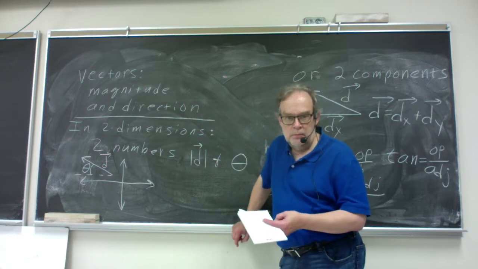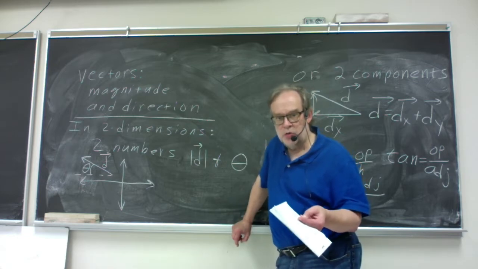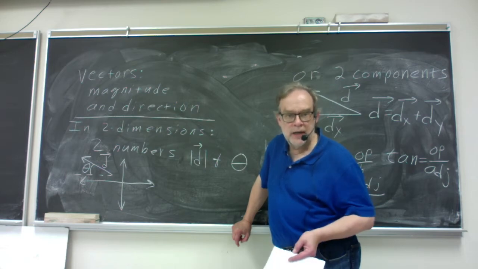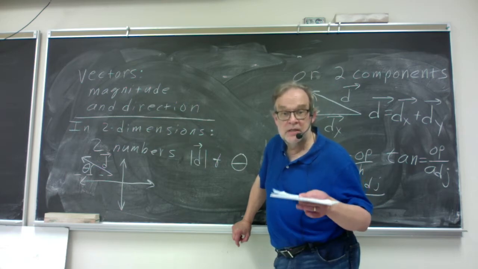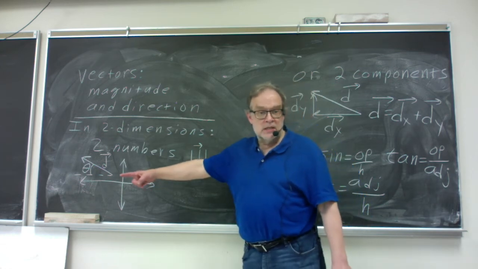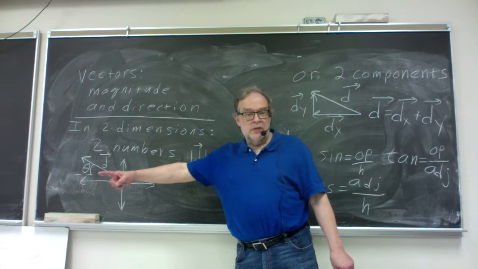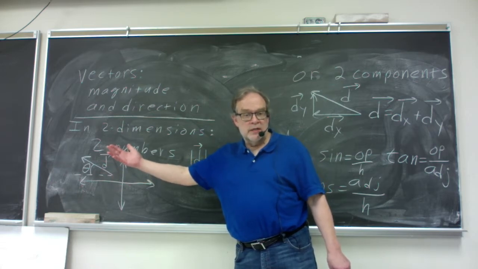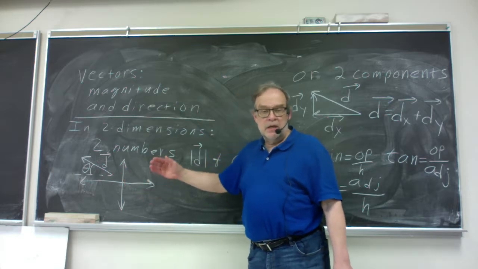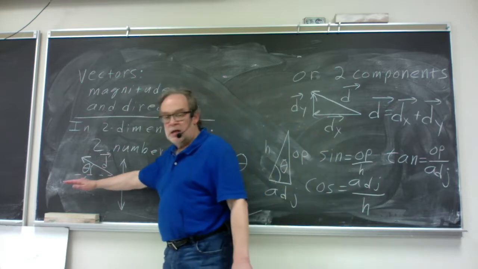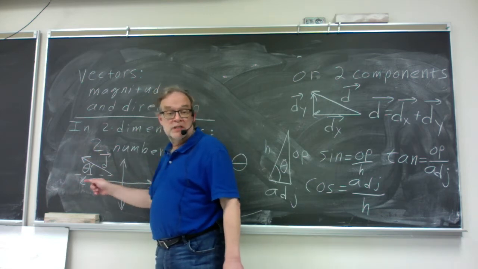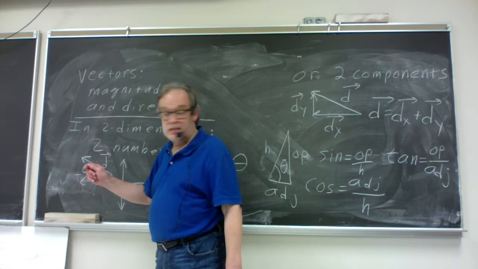And the two numbers that would completely specify that displacement vector are the magnitude of the displacement vector and another number that represents an angle, and that angle will tell you the direction in which the vector points. The angle, important to note here, is always an angle with respect to some coordinate axis, and you always have to be sure to name that coordinate axis. For instance, in this case, if theta is, let's say, 30 degrees, that means the direction of displacement d is 30 degrees clockwise with respect to this axis, the negative x-axis.